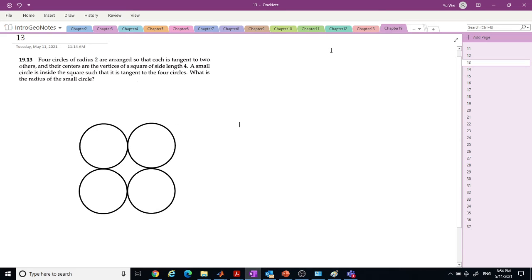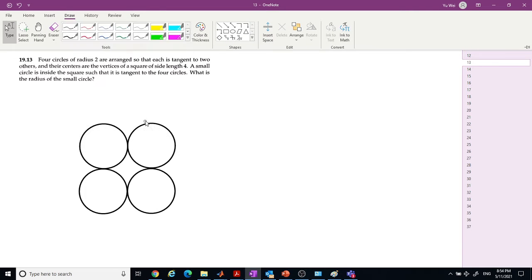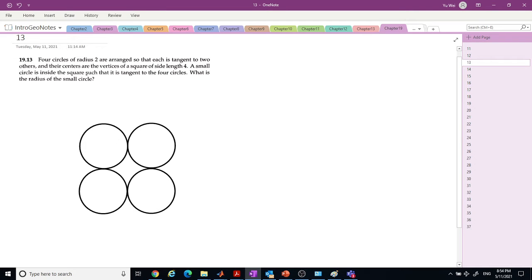Next. Here we have 4 circles of radius 2, arranged so that each is tangent to the other 2. This one is tangent to these 2, and this one is tangent to these 2, right?